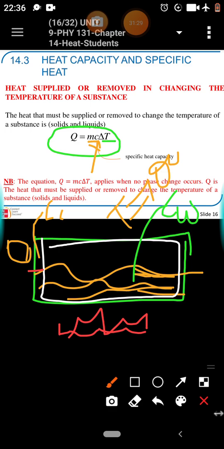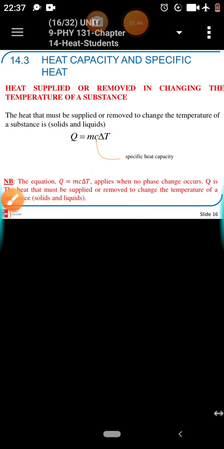Maybe you find that they reach equilibrium at 40 degrees. They're both 40, and then there's no energy transfer. So this is a very interesting topic.